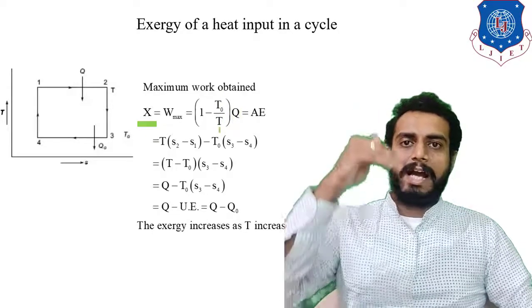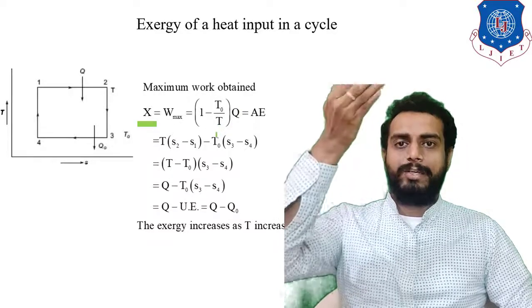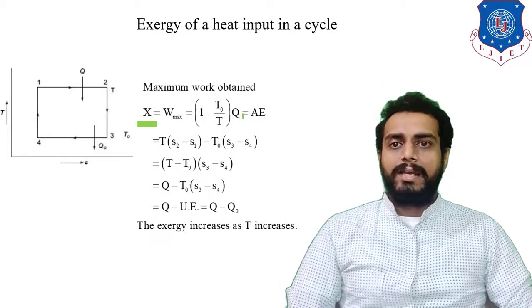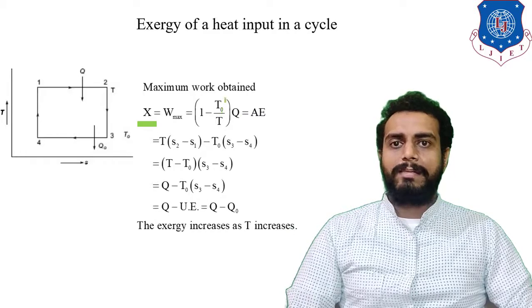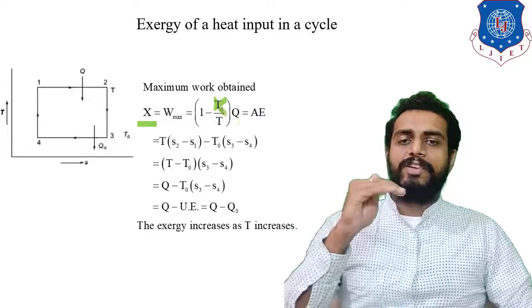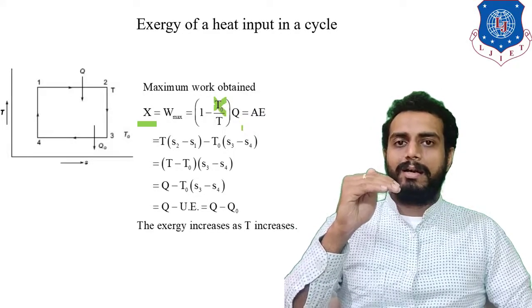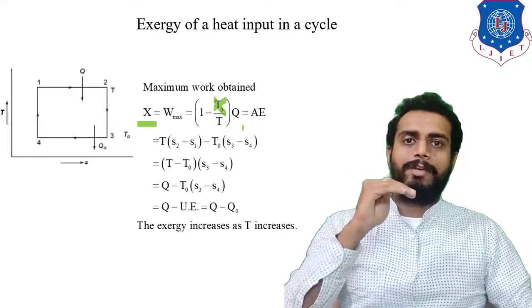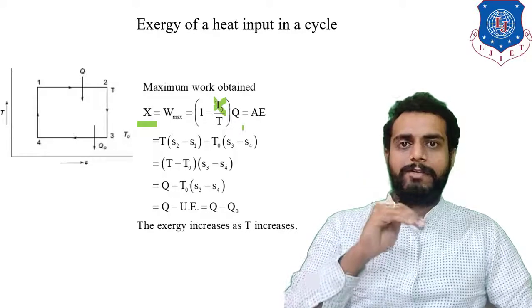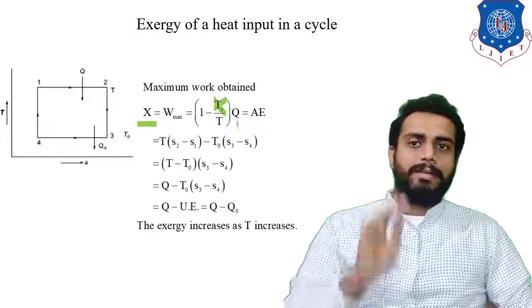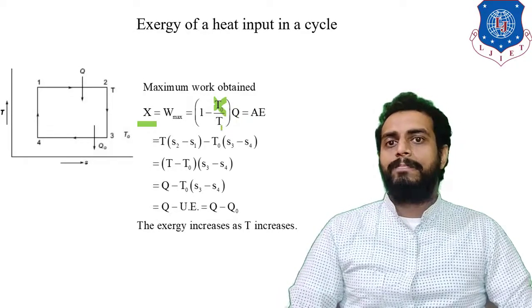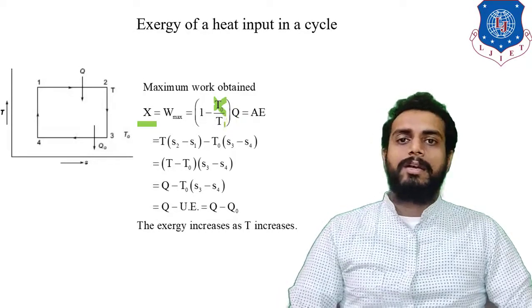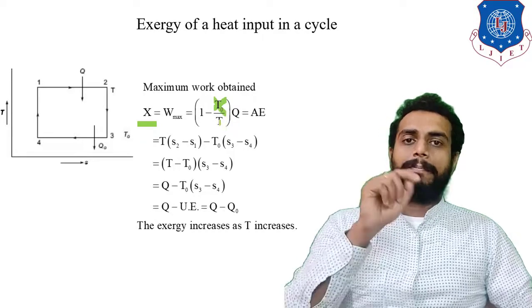That means if you have higher temperature, then you will have higher Q. T0 is constant, that means it will be fixed, because it is nothing but the dead state, and the dead state is generally the environment or atmosphere. So you cannot change that. But you can have control over the temperature T. So that means your Exergy will depend on temperature T only.